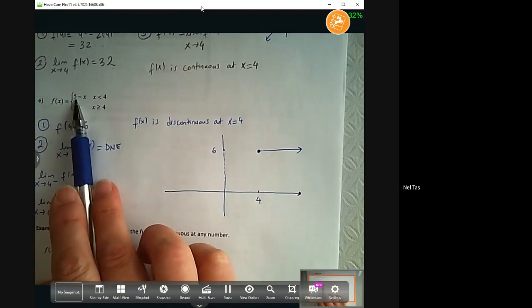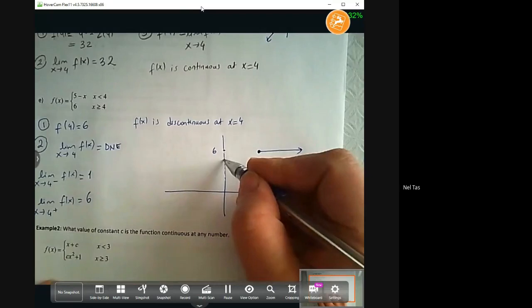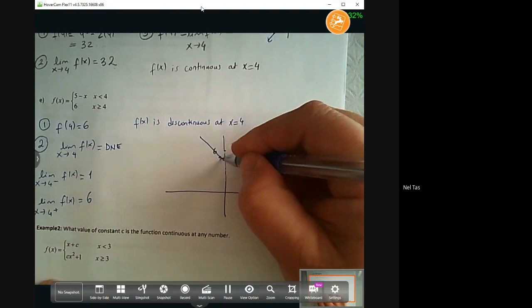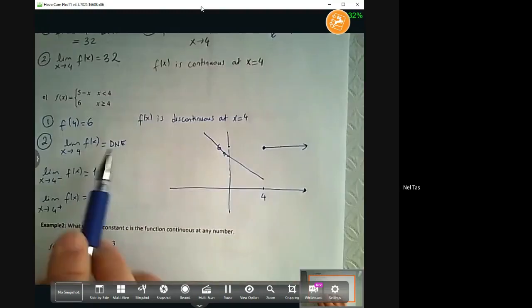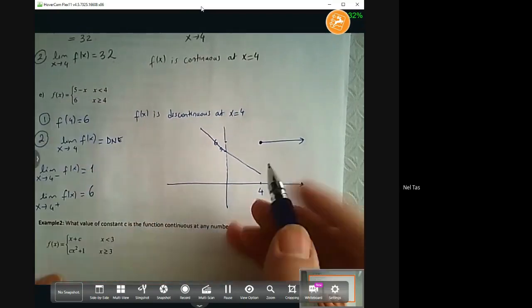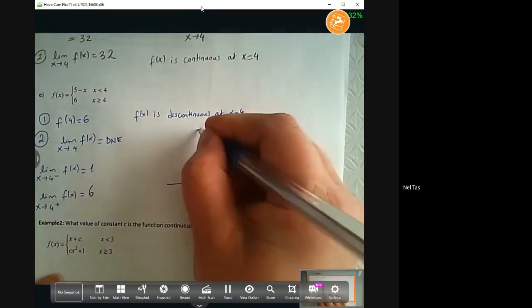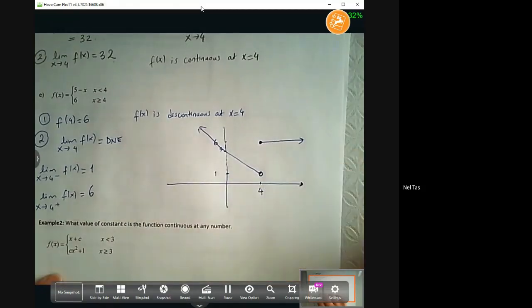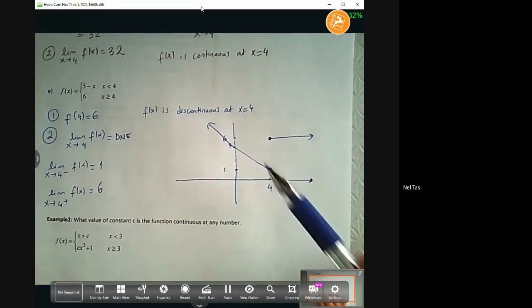So the y-intercept is 5 and the slope is negative 1. And when x is 4, 5 minus 4 gives you 1. This is 1, and there is a hole here. When you look at this, you can directly see that the function is discontinuous at x equals 4.